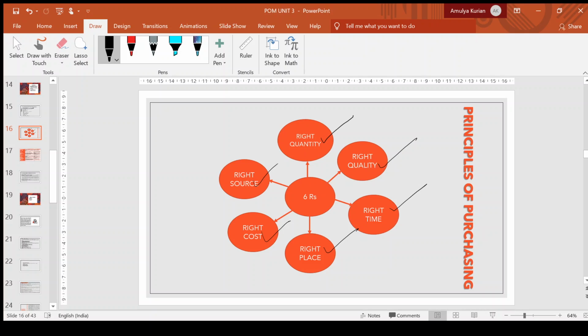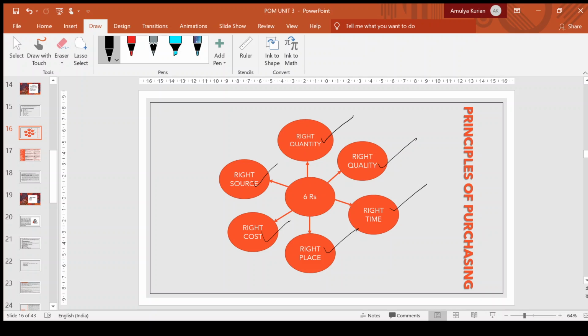There are advantages and disadvantages of centralized purchasing. And what do you mean by decentralized purchasing now? It means purchasing is done by each plant through its own buying department. So for each different production unit, for example, think that MRF is having production units in Chennai, in Goa, as well as in Kerala.